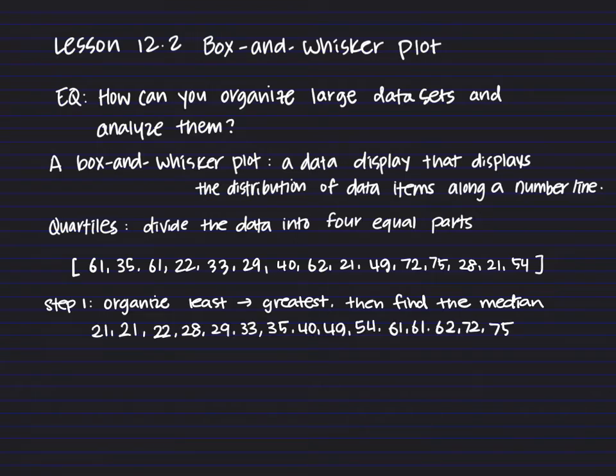So I went ahead and organized all the numbers from above into least to greatest order. You can pause the video whenever you need to see if you have the right answer, and check afterwards. What I'm going to do is count the numbers from outside to inside.